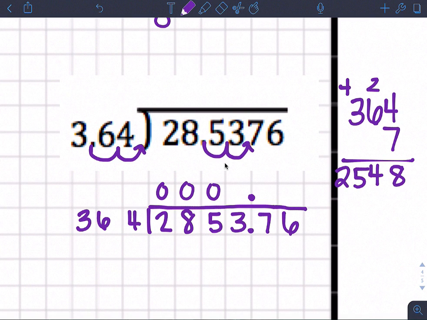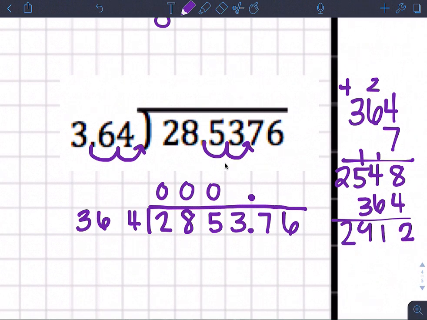If I add another 364, let's see where that gets me. 2, 11, 9, and 2. Okay, so that's too big, so it is only the 7 times. So 364 times 7 is 2,548.